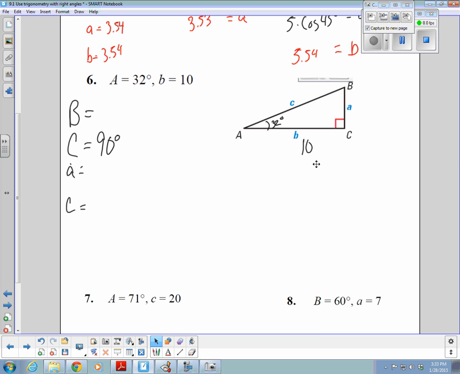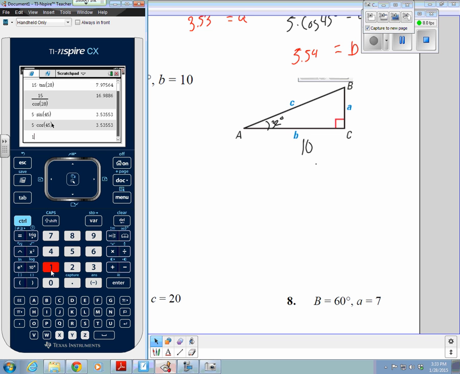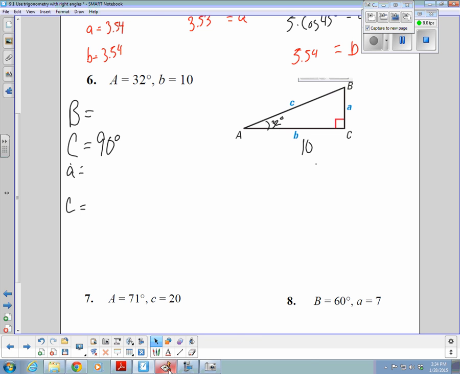So you can just punch that right in your calculator. So you can go 180 minus 90 minus 32. Bam, right there. So 58 degrees.